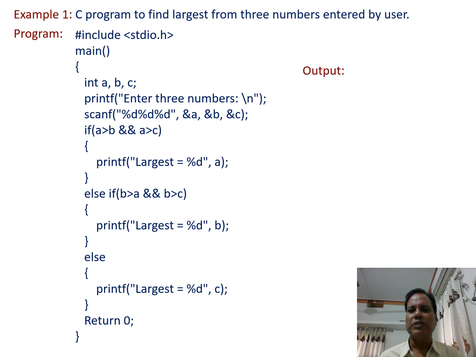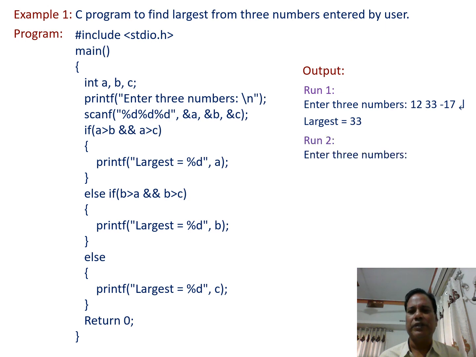When this program is run, we get the output, initially, "Enter three numbers". So here we enter the three numbers, and when the enter key is pressed, we get the output largest equal to 33.